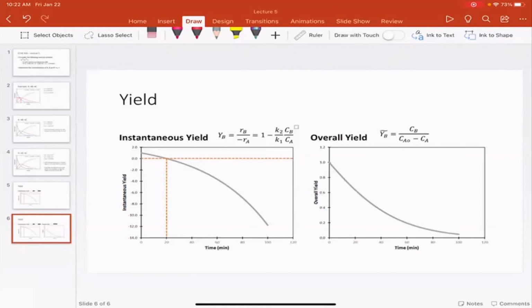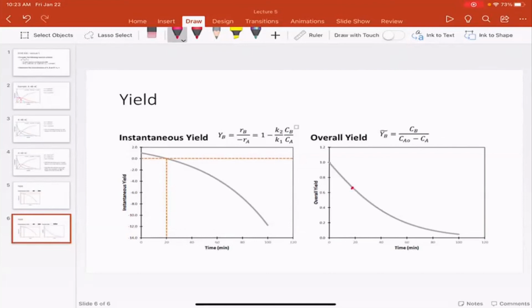So you'll notice here that we're not trying to maximize the overall yield. We're going to operate at the maximum concentration of B, and the overall yield that we're going to realize is right about 0.6, 0.65.